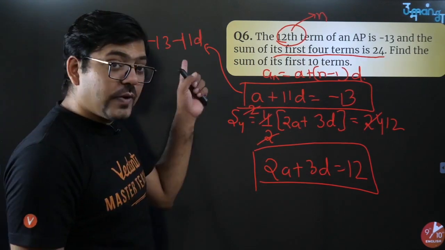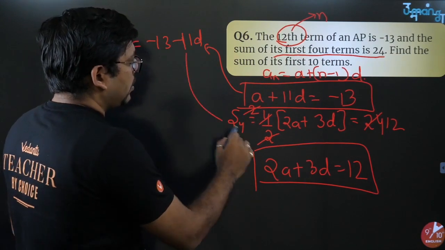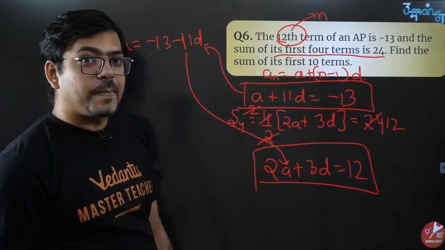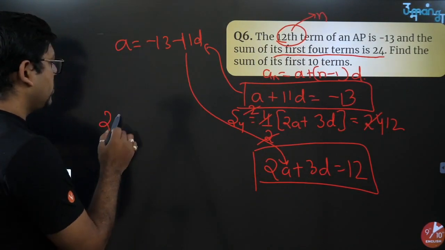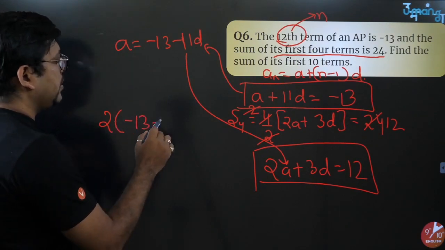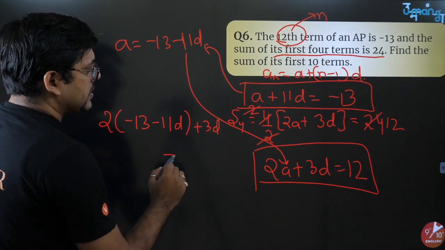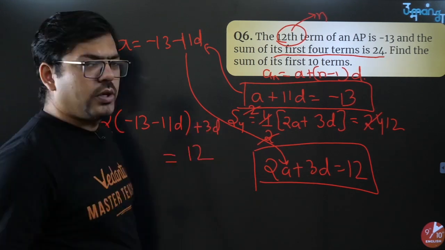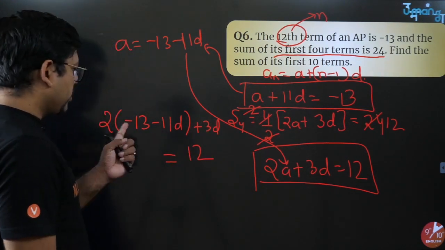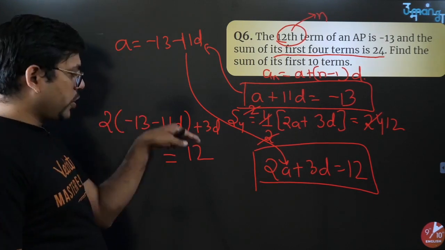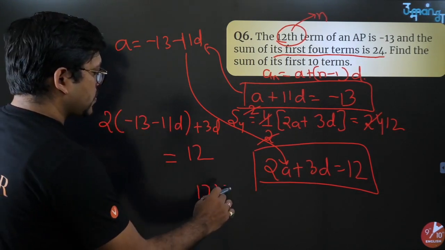This value of a, you can put it here. So you can write 2 times (minus 13 minus 11d) plus 3d, and this will be equal to 12. Like, 2 into minus 13 is minus 26. Going to that side, it will be plus 26, so 12 plus 26.